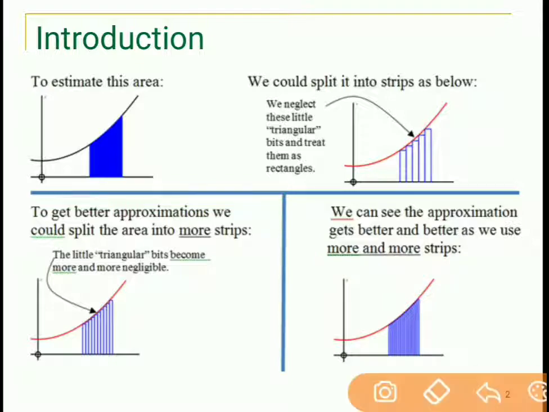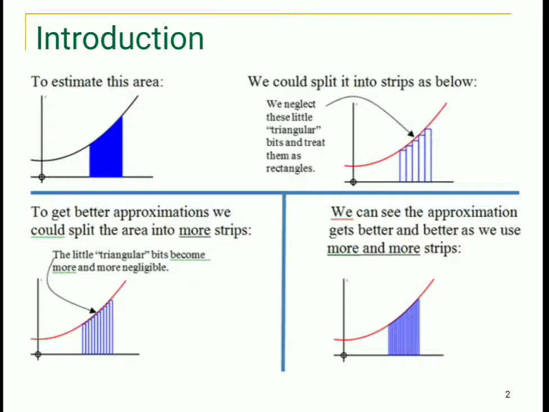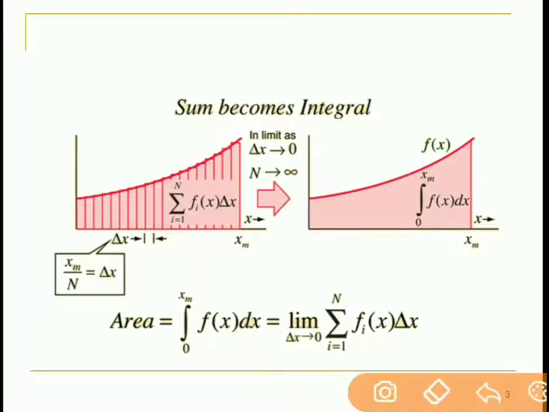Now the area of this bluish region will be equal to what? It will be equivalent to the area of these n number of rectangular strips. So as we know, we have divided this curve y is equal to f of x into small rectangular strips. Now let us consider one rectangular strip which is over here.